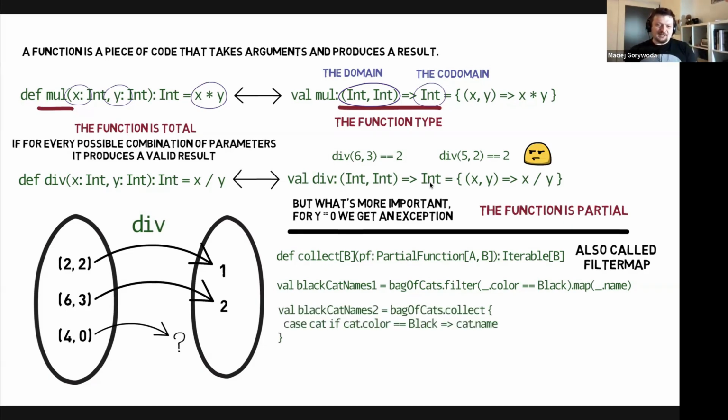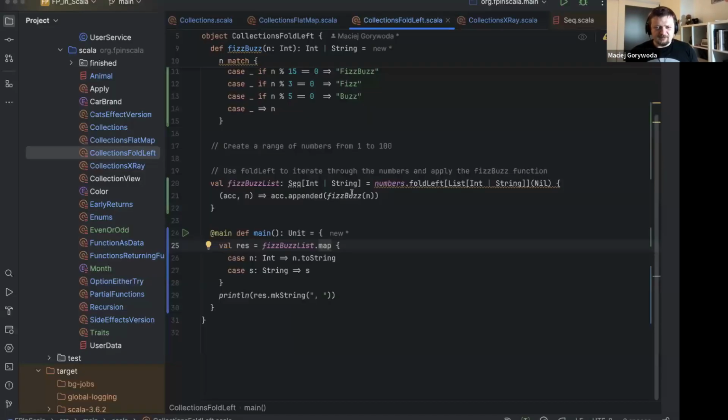But we can do exactly this by using the method collect and the keyword case in Scala. That means that we combine filtering and mapping in one, because case cat if cat color equals black then return cat name is a partial function. That also was what was happening here in the FizzBuzz example.